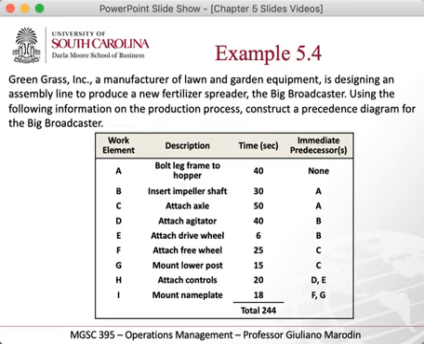So we have the work elements A to I. We have the description of the step, the time that it takes, and the immediate predecessor, right? An immediate predecessor is like a requirement. For example, when you're registering for a course, some courses have requirements.